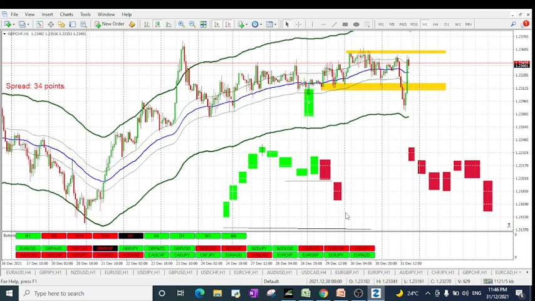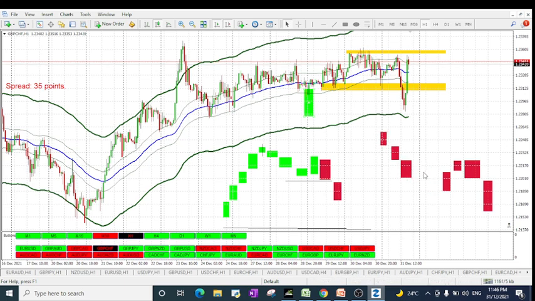See? What happens if you get this scenario in a complex pullback? This is one of the most profitable and reliable strategies actually. I've looked into this a lot.